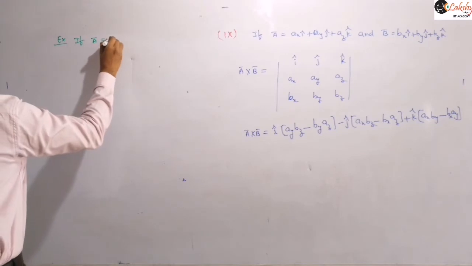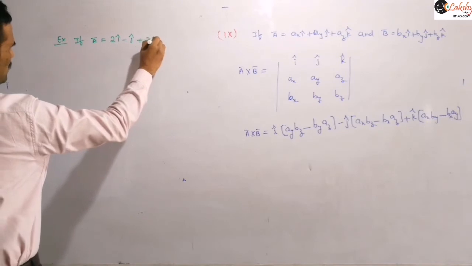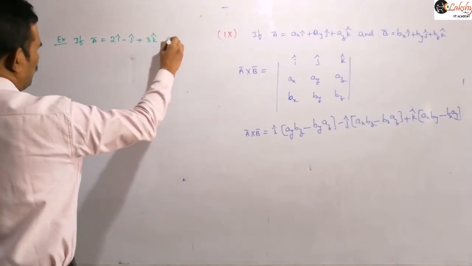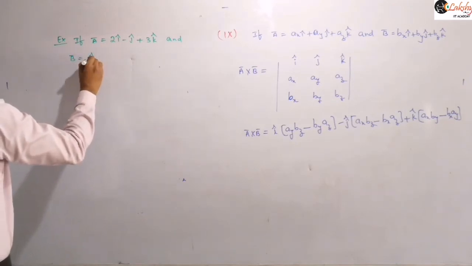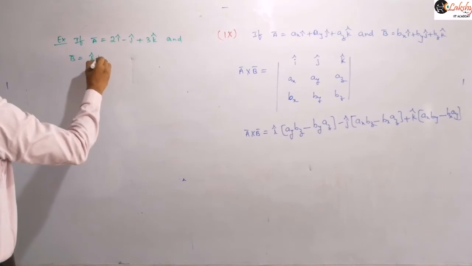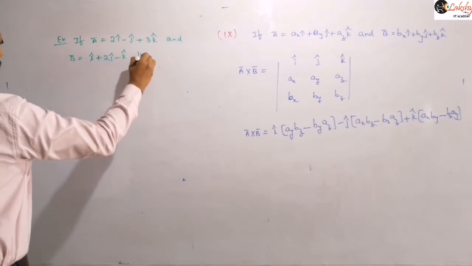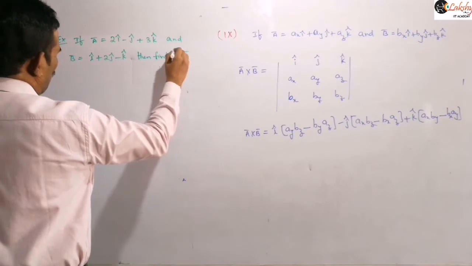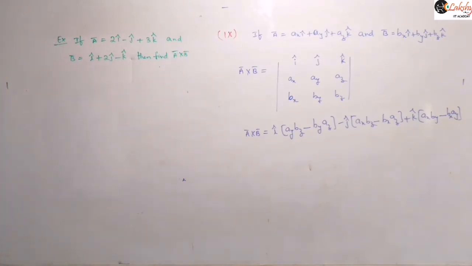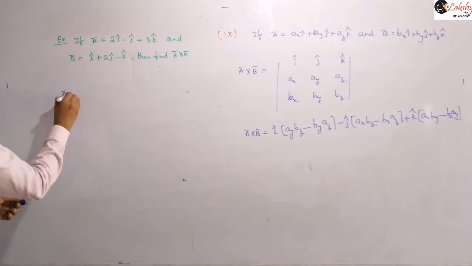If a bar is equal to 2i cap minus j cap plus 3k cap and b bar is equal to i cap plus 2j cap minus k cap, then find a bar cross b bar. So you need to find the cross product of those two vectors. First what we need to do is write this determinant here.